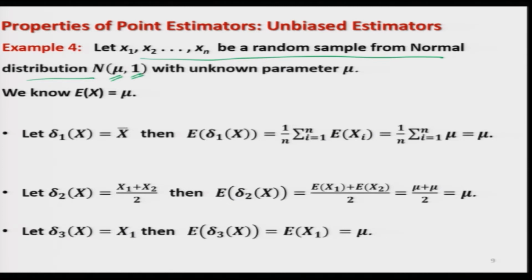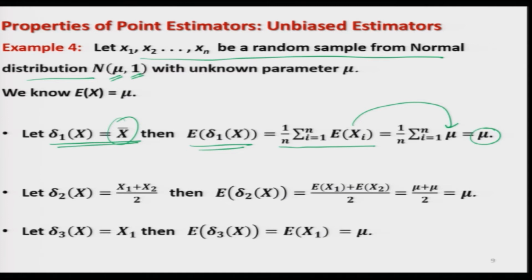So, I consider the estimator delta1(x) equal to x bar, and then I see the expected value of delta1(x), which comes out to be 1 upon n summation i goes from 1 to n expected value of x_i, and expected value of x_i here is mu. So, this will come out to be mu. So, this delta1(x) equal to x bar is an unbiased estimator of the population mean mu.